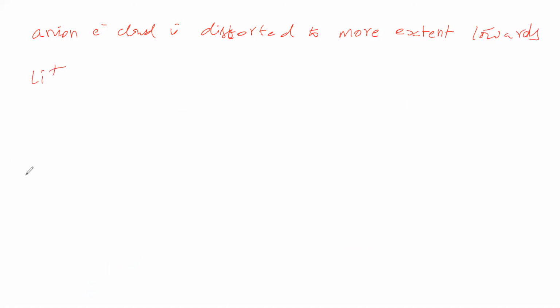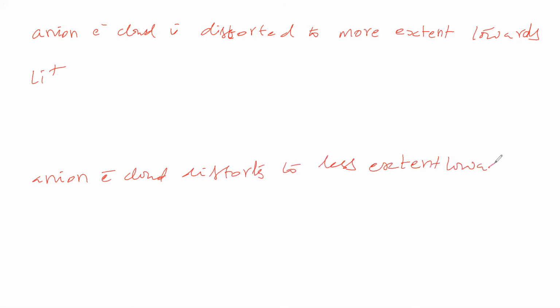The anion electron cloud distorts to a lesser extent towards Na plus. So more anion electron cloud is distorting towards Li plus, but less towards Na plus, because of polarizing power.